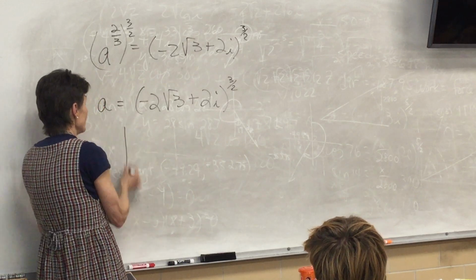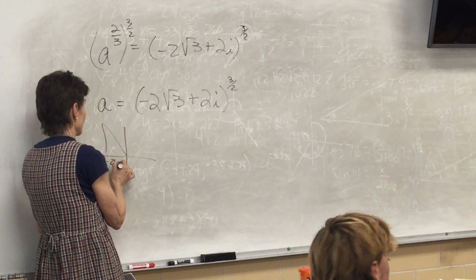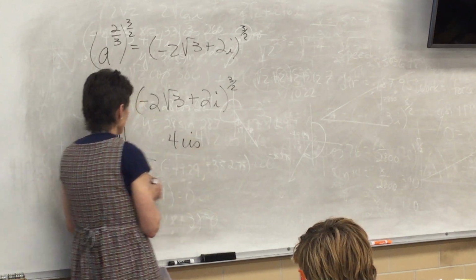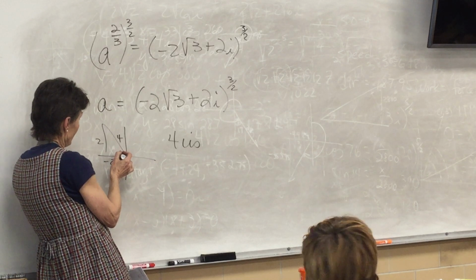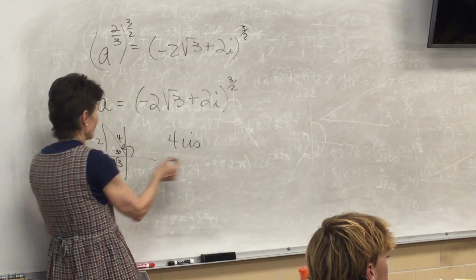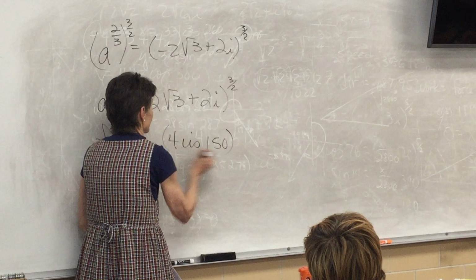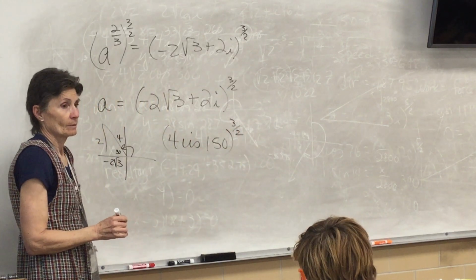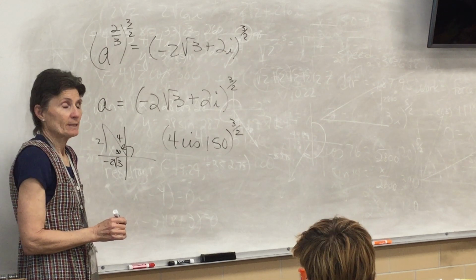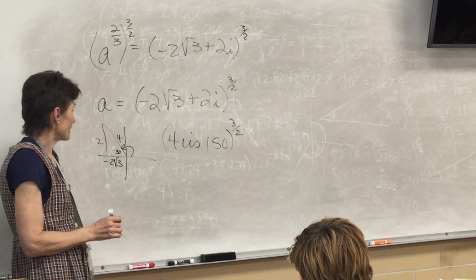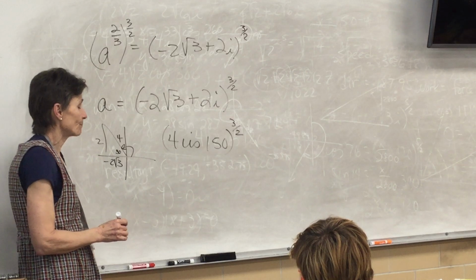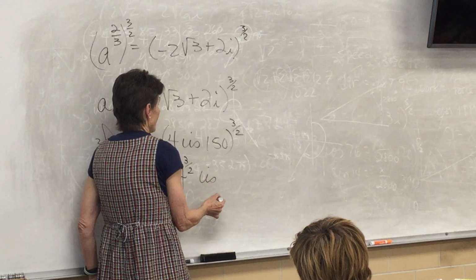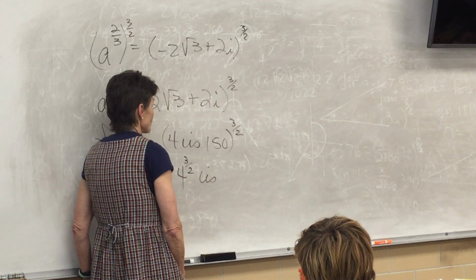So we're gonna change that into polar form. So it'll be 4 cis, let's see. This angle's 30, so my argument's 150. And then what does De Moivre say to do once I have that changed into polar form? 4 to the 3 halves, and 150 times 3 halves.